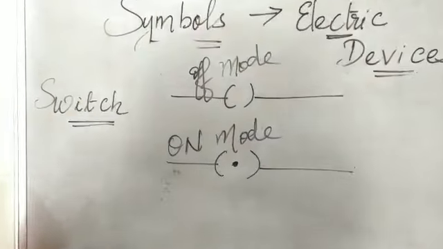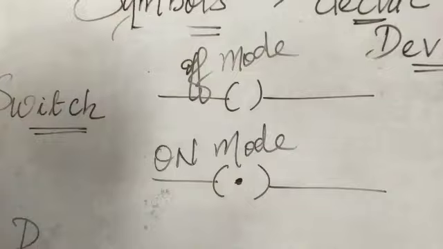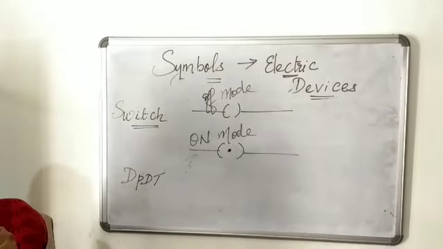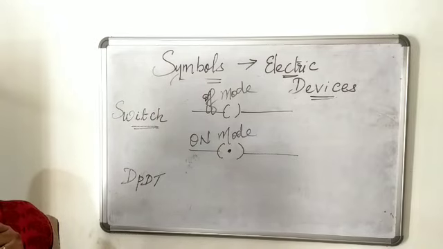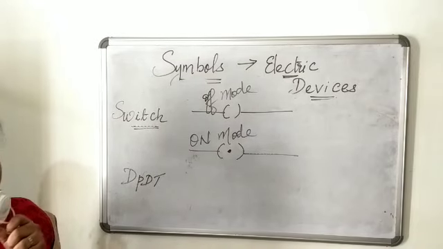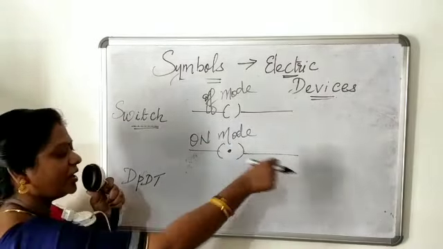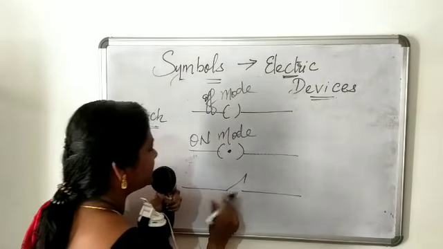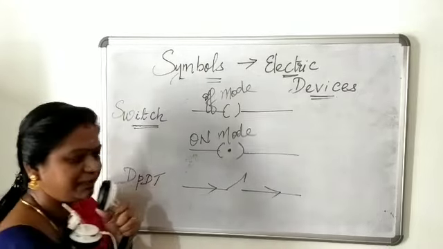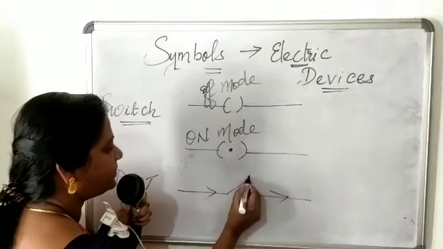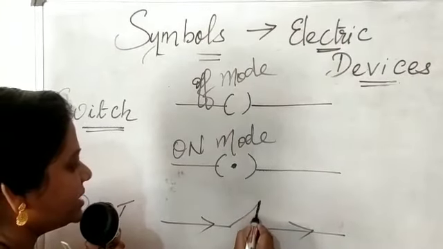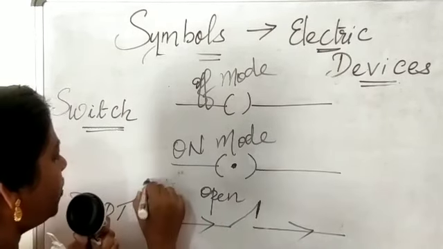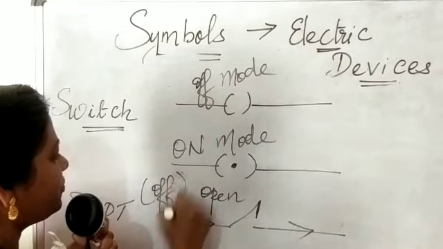But another switch is also there, called the DPT switch, that is, direct point, direct terminal. As I said, a particular point. You have to draw it like this. When this point is not touched with this, it is called an open circuit, that is, switch off mode.